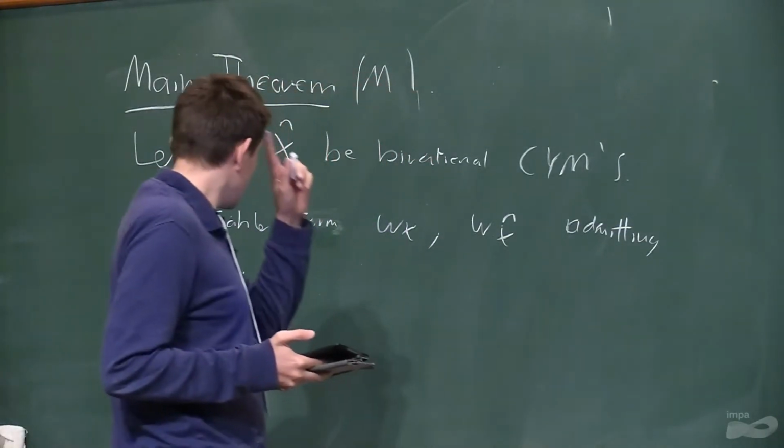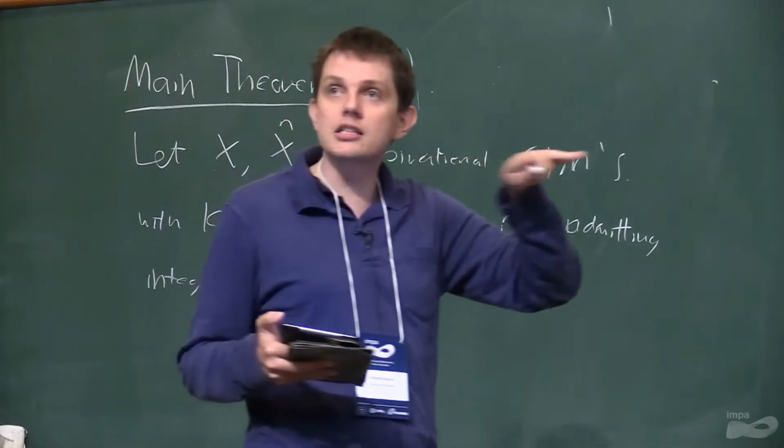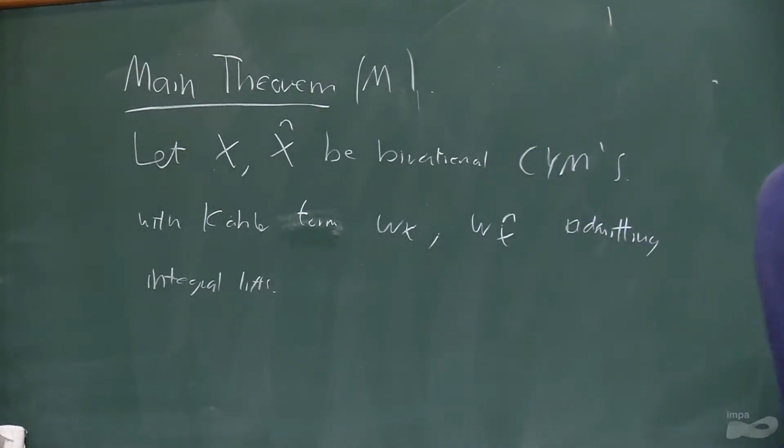So remember, I identified these H2. We had these canonical isomorphisms between the second homology groups. So I'm just going to take that identification for granted.